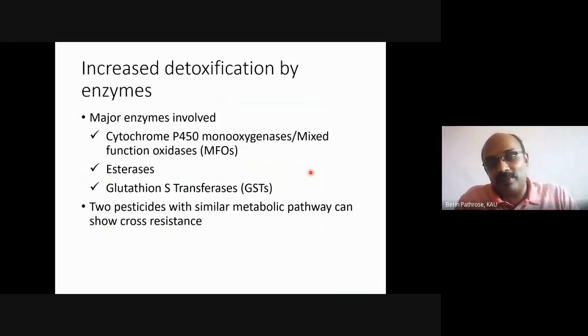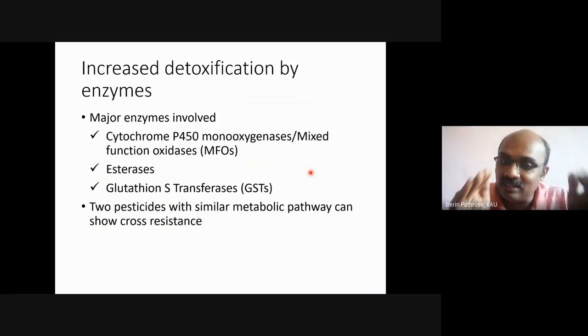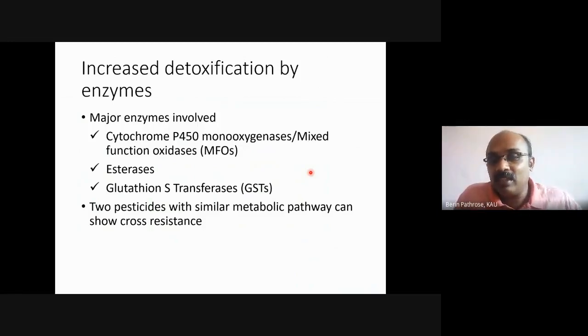So these enzymes are already present in an insect. Otherwise, the insect won't be able to feed on any plant which has a diverse array of secondary metabolites. Plants possess chemicals which protect them from insects, but insects possess these three enzymes which will enable them to detoxify these allelochemicals.